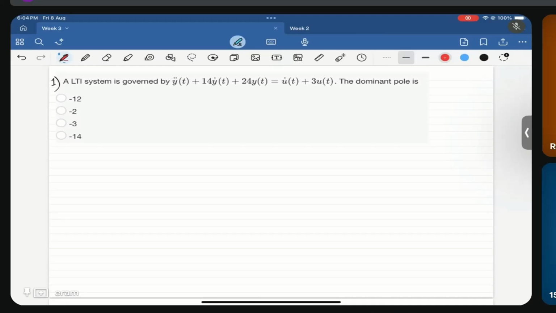Now for that we will do the Laplace transformation. We are given y double dot plus 14y dot plus 24y equals u dot plus 3u. What will be the Laplace transform of this, considering all initial conditions to be 0? y(0) and y dash(0) are assumed to be 0.